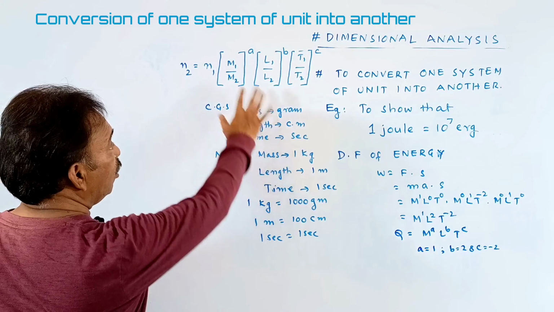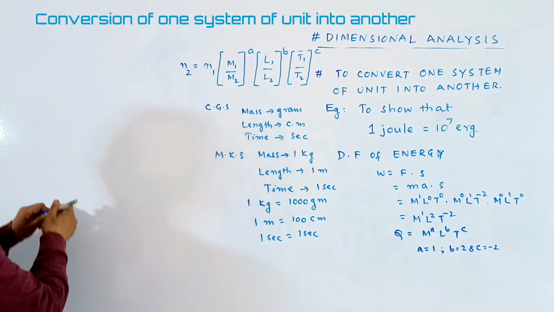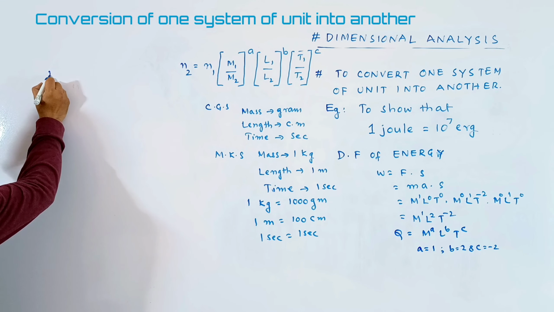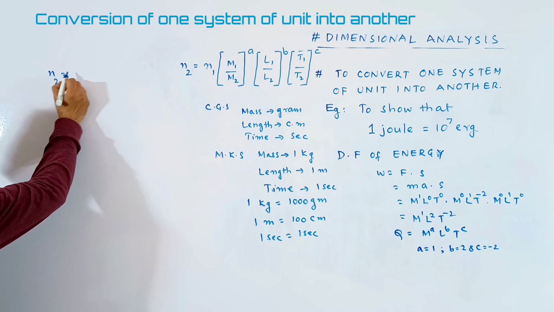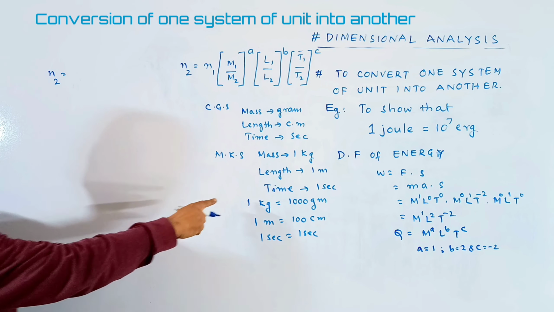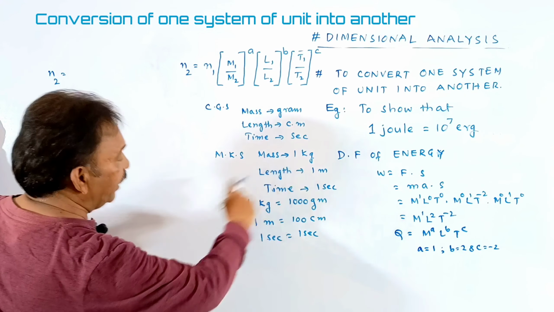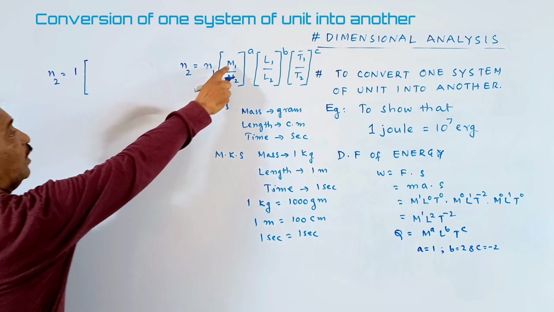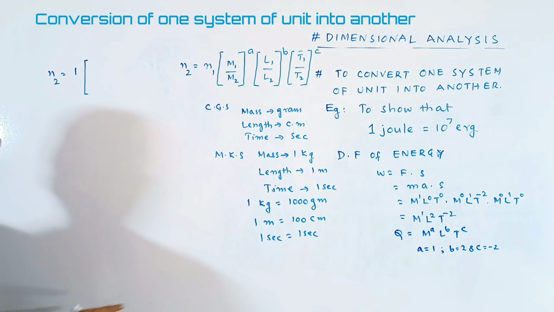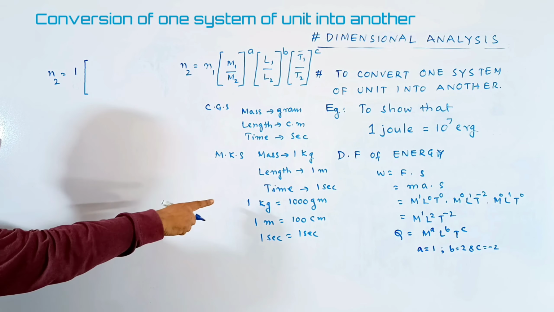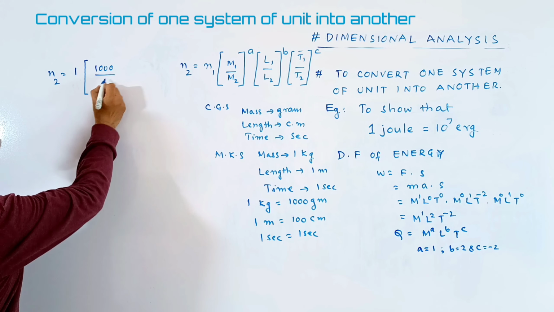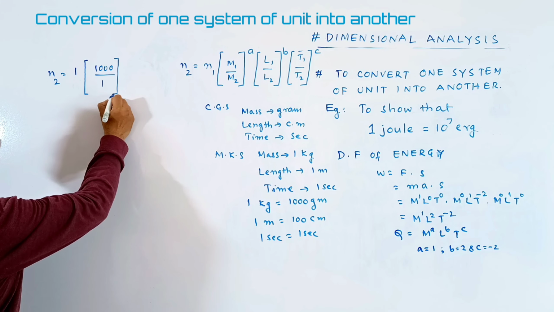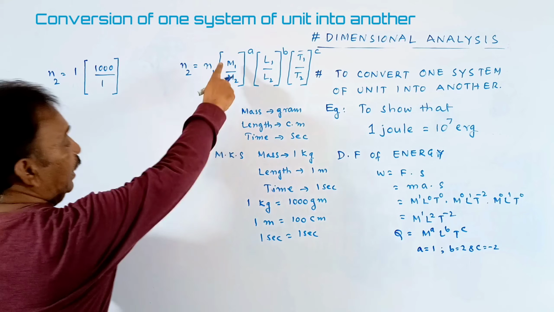Okay, students, now I am substituting all these values in this relation. Then n2 can be written as n2 is equal to n1. MKS we took, 1 joule, into M1 with respect to CGS, that is 1000 gram by 1 gram to the power of a. a is equal to how much?